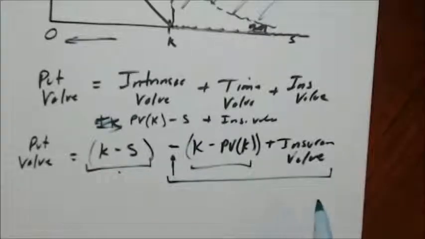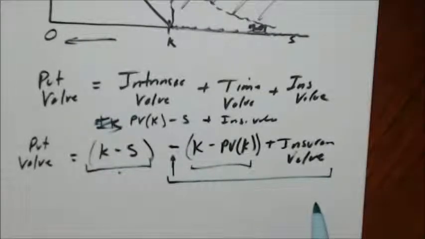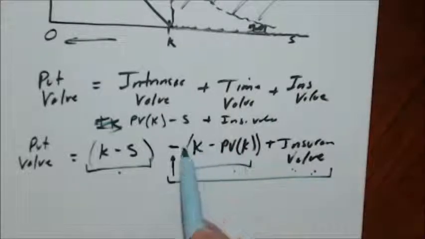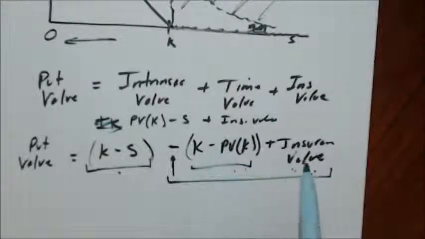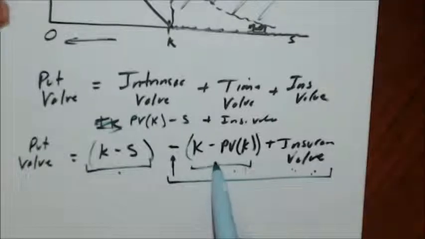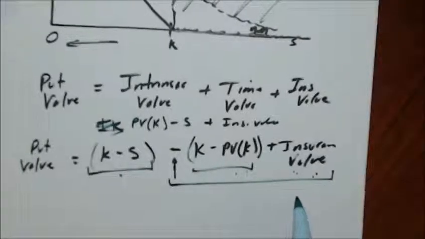So you have to decide which is bigger before you exercise. If the insurance value is bigger than the absolute value of this component, then you should not be exercising early. You should be delaying. If this is bigger than the insurance value, exercise early, capture that time value of money, and you'll be better off than holding the option. So it's slightly more complicated with put options, and it has to do with the time value of money.